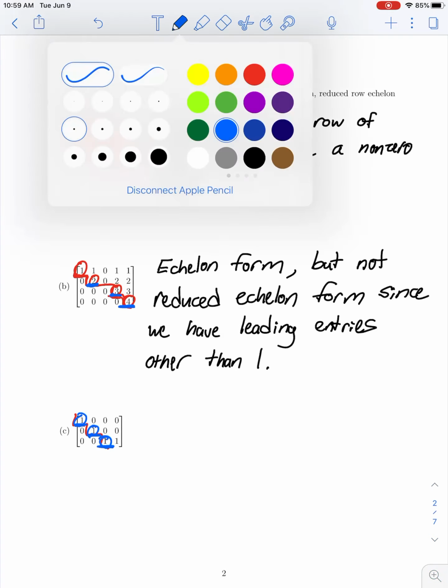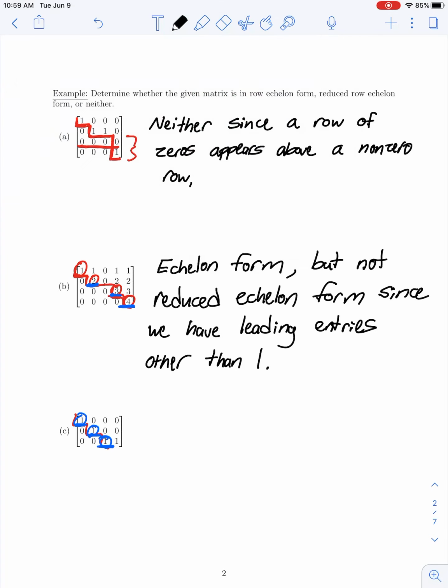So this matrix satisfies all 5 conditions. So this is a matrix which is in reduced echelon form. All right. So here, a problem in identifying matrices which are either in reduced echelon form or simply in echelon form, or maybe neither.